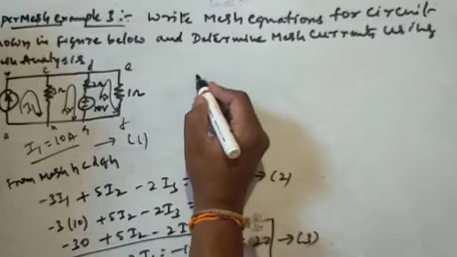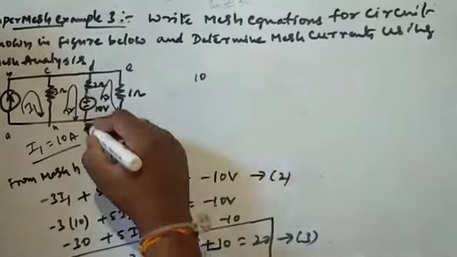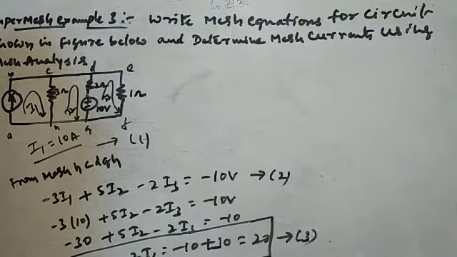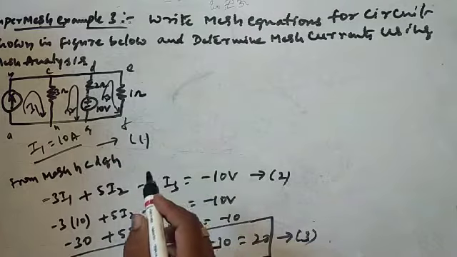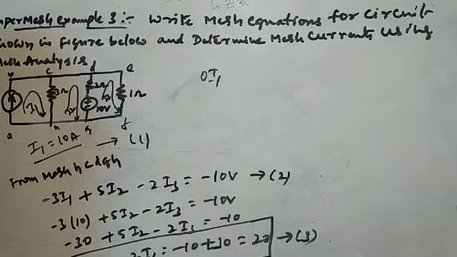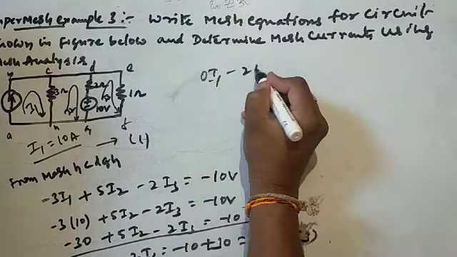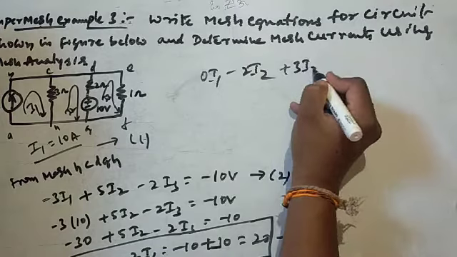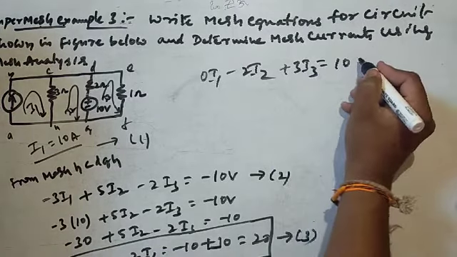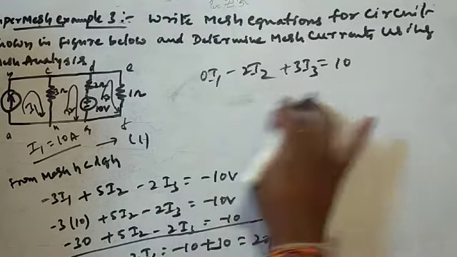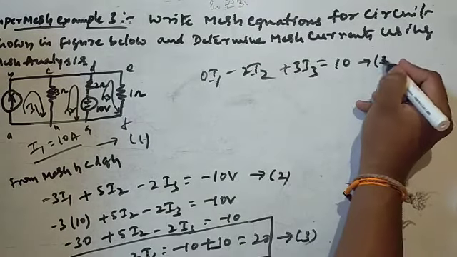So that 10 minus 2, positive to the plus 10, or else you can write the mesh equation. This 2 belongs to both mesh 1 and mesh 2. There is no component with mesh 1, so it is 0 I1, or else you may neglect. Minus 2I2, 2 plus 1, that is plus 3I3 is equal to 10. This can be written as minus 2I2 plus 3I3 equals 10. Call this equation 4.